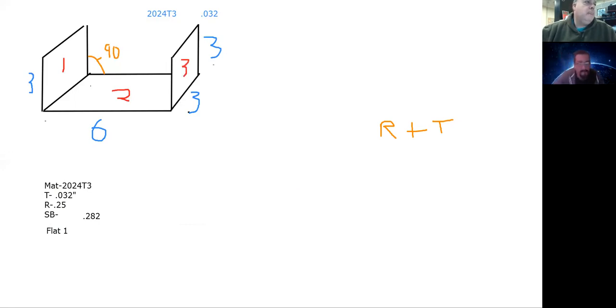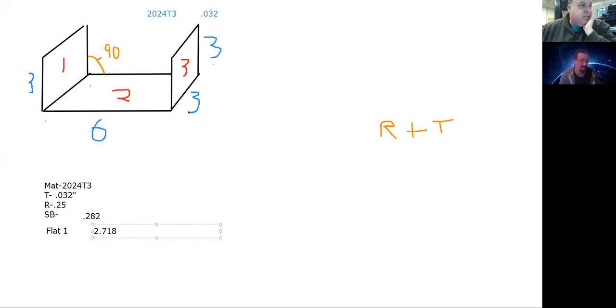So what would the measurement of our flat 1 be? It would be the mold line dimension minus the setback number. I just did it in my head.